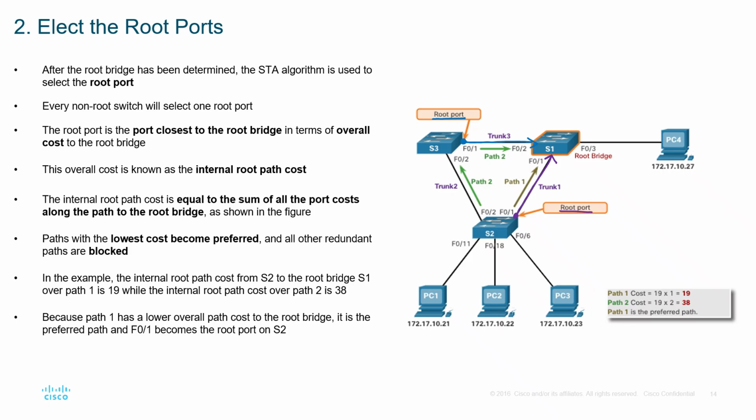Paths with the lowest cost become preferred, and all other redundant paths will be blocked. So in this example, the internal root path cost from S2 to the root bridge of S1 over path 1 would be 19. For the purpose of this example, we are saying that all of these paths are a cost of 19.